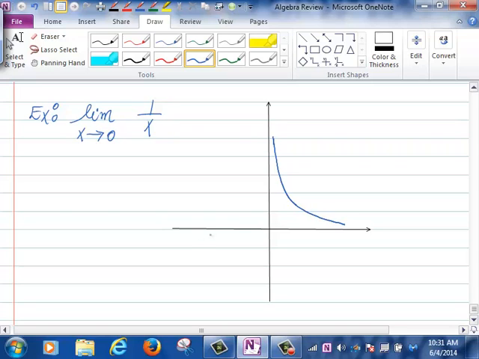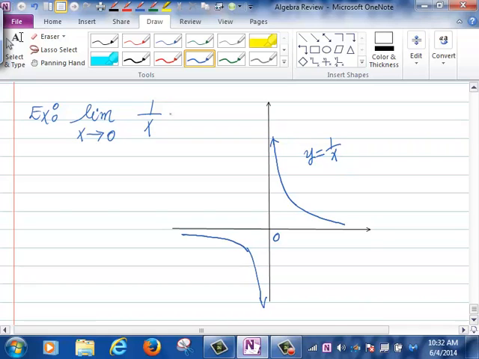On the other side it looks like this, right? So what is happening at 0? What's the limit at 0?